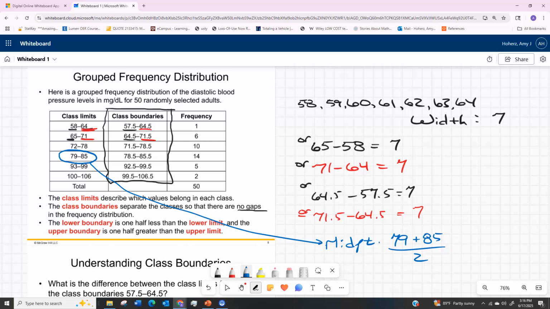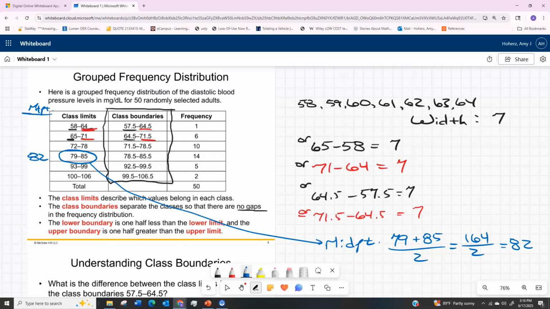So add those two numbers, you get 164, and then when we divide that by 2, you get 82. And so the midpoint between these two numbers is 82. Okay, so the midpoint for this is 82.